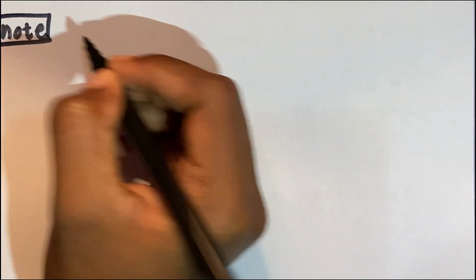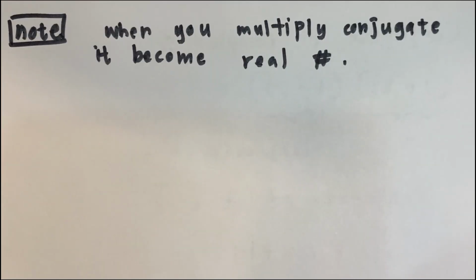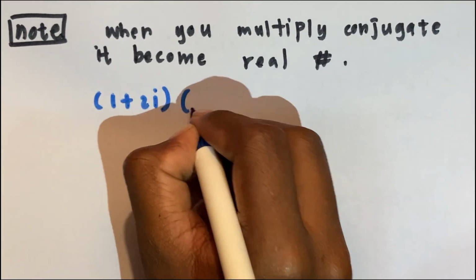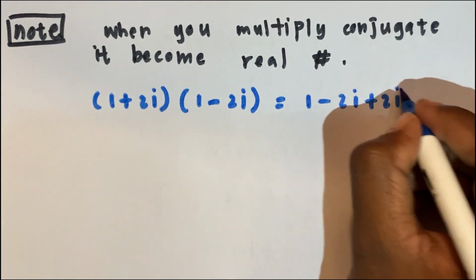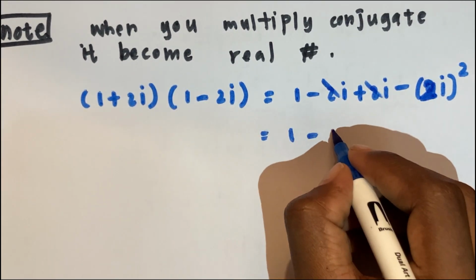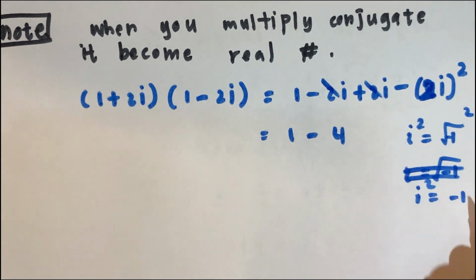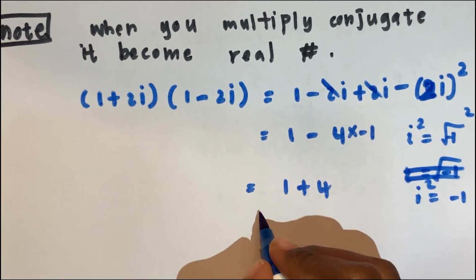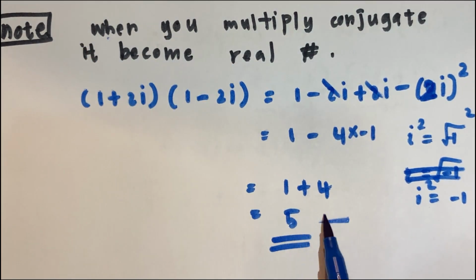Note, when you multiply a complex number by its conjugate, the result is a real number. Look at this example. Answer is 5 and 5 is a real number.